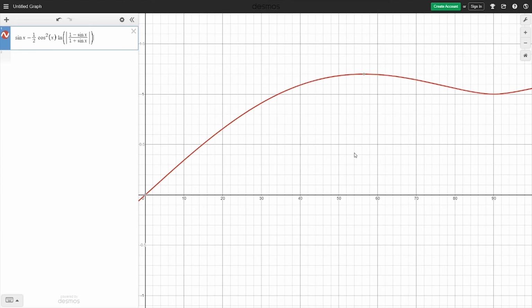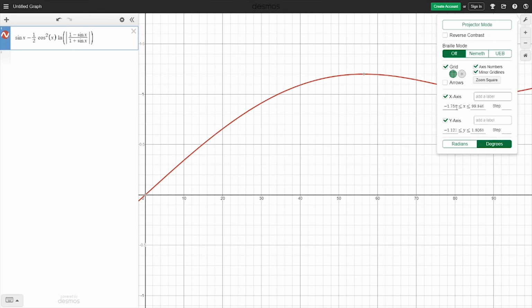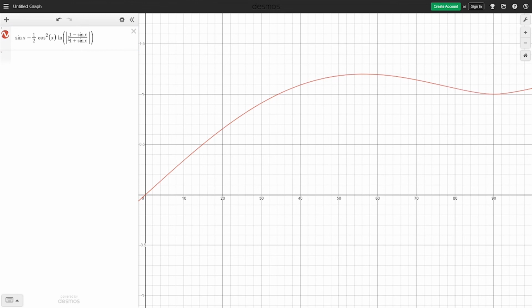I've plotted the function on Desmos.com and changed the settings so that it measures in degrees, changed the x-axis so it goes from 0 to 90 degrees, and put it in, make sure you don't forget the mod sign. And this is the easiest way to find the maximum, and the value that I got was 56.466 degrees, and that will be the angle that gives you the longest trajectory of a thrown ball.